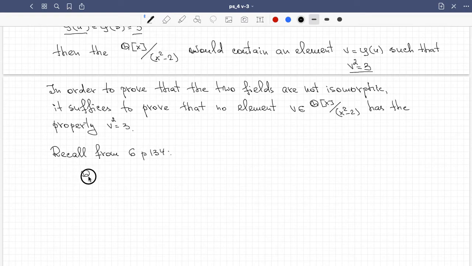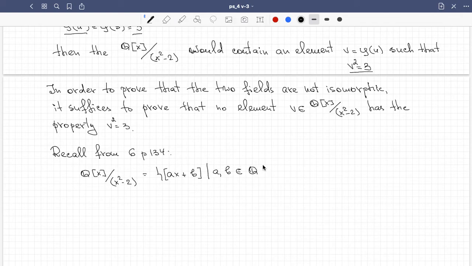This field, as a set, is the set of all classes of polynomials ax plus b of degree at most 1.